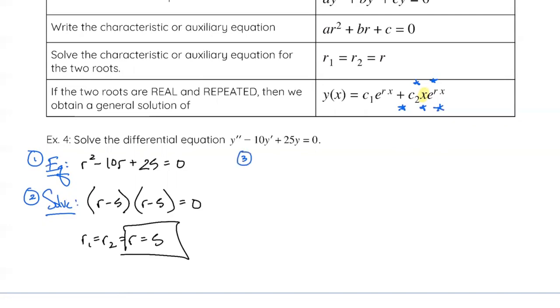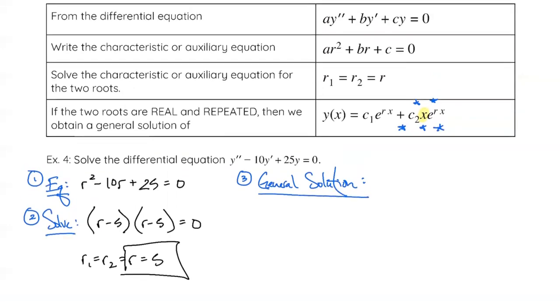And so for our general solution, it would be important for us to remember, as we're writing that general solution, that because we ended up with the same number, we do not want to write this. This would be super sad.